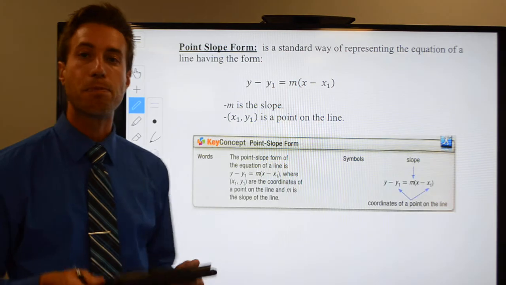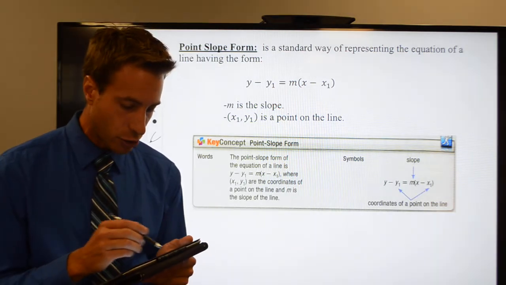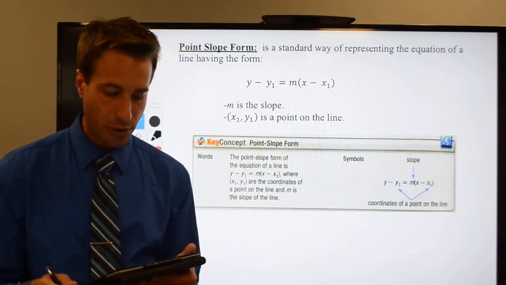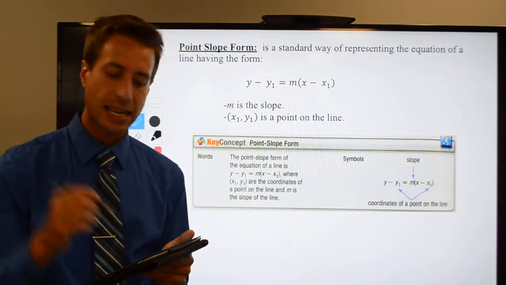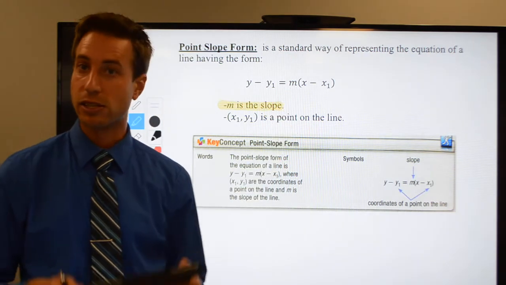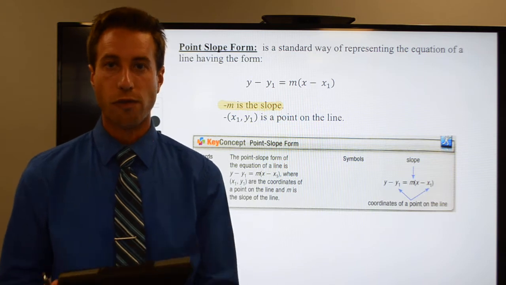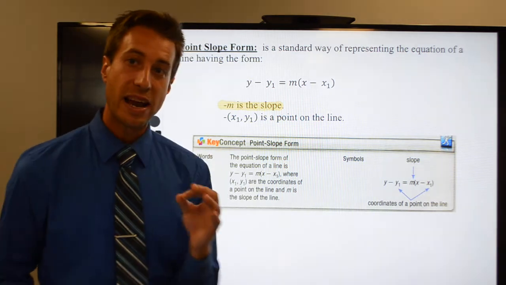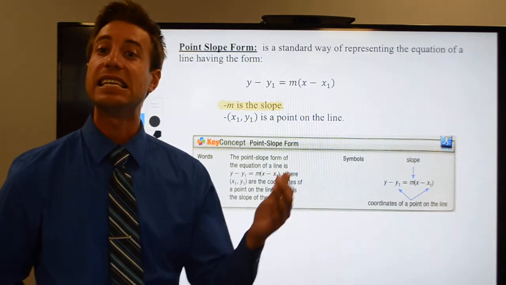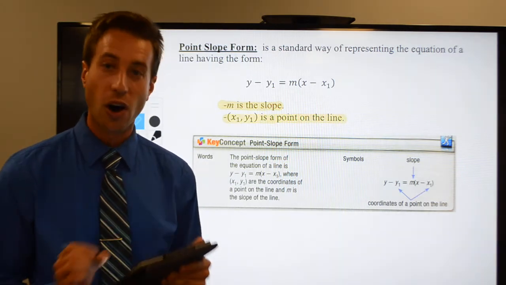So here we go, the next page of the notes, we're going to introduce you guys to what is known as the point-slope form of a line. You should be familiar with this from Algebra 1, maybe even pre-algebra for that matter. The exact same things are true. M is going to be the slope. You'll find it the same way we always have, y2 minus y1 over x2 minus x1. But now, instead of needing the intercept, all we need is a point on the line.